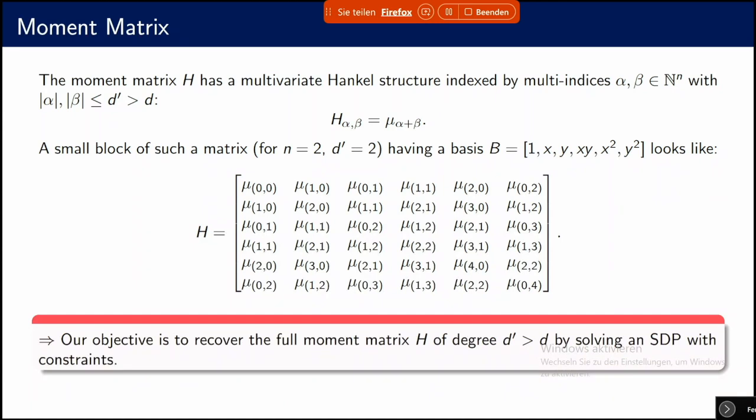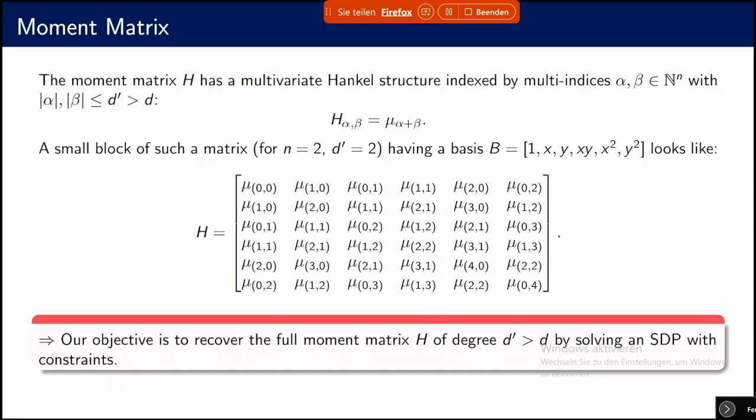As an example, if we take n equal to two variables and d prime as our degree, we can have this representation of the Hankel structure matrix, and we can see that there are some coefficients that are repeated, for example, mu11 and mu11 here.